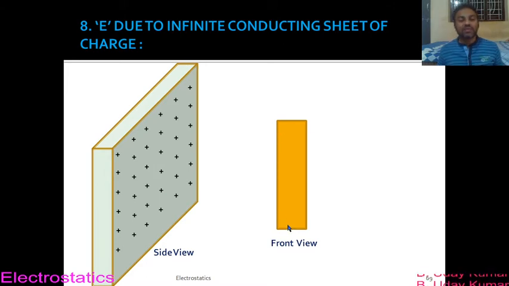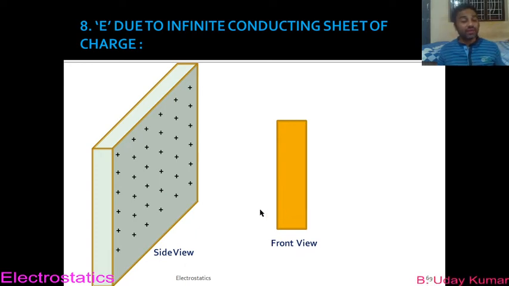This sheet looks like a rectangle, and since this sheet is made of conductor, whatever charge has been given to it will be uniformly distributed on its surface, and no charge will be present inside it. The charge will be present only on the outer surface, not inside it.